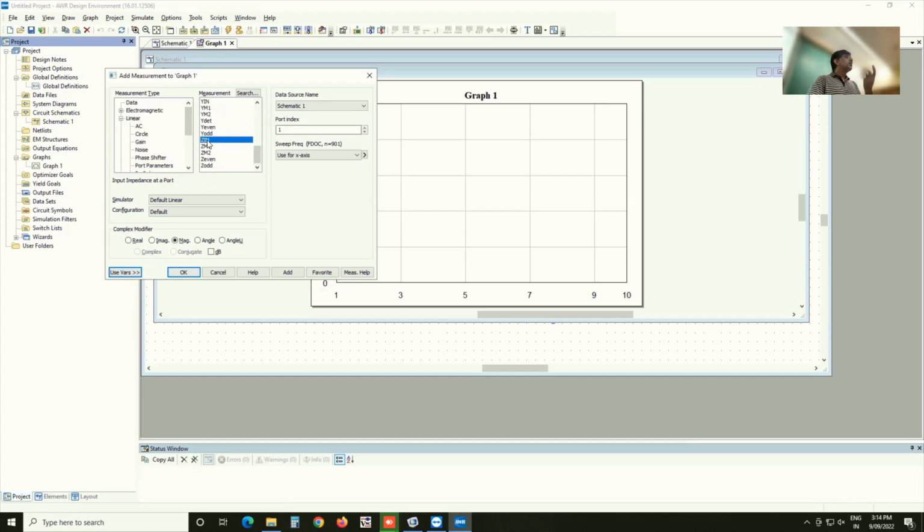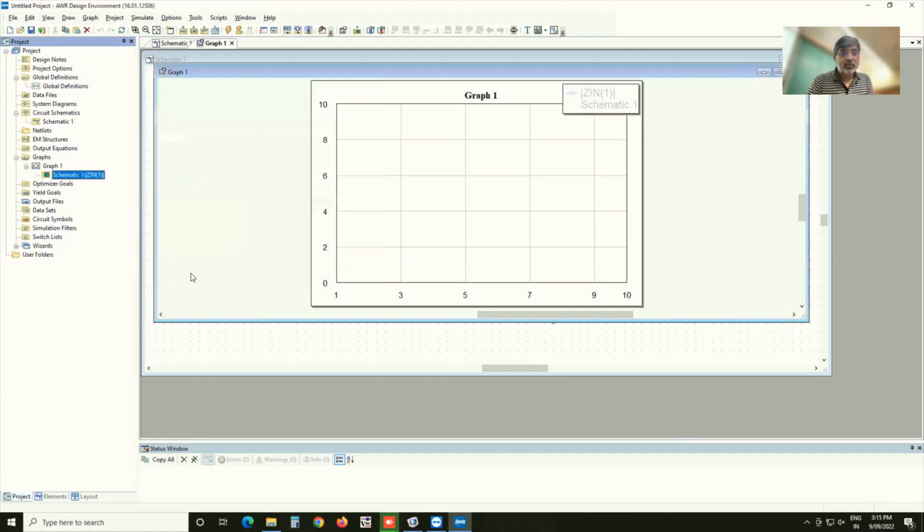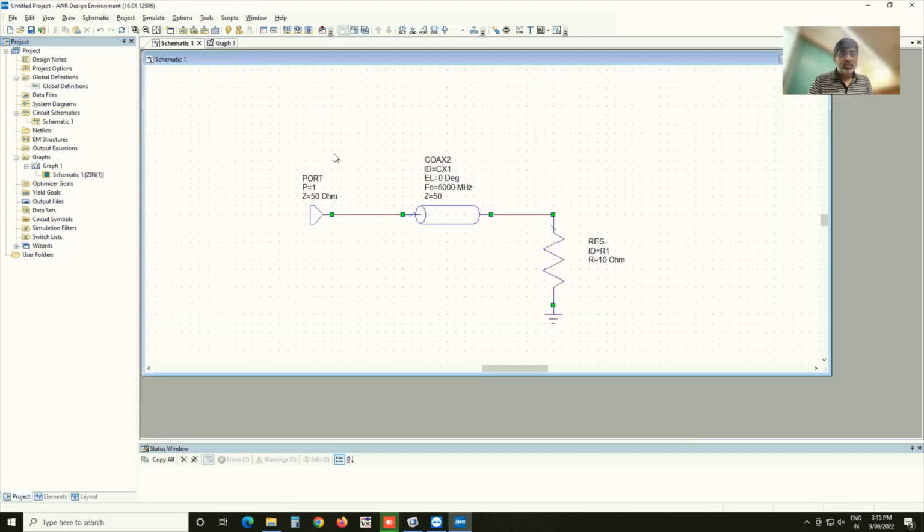Remember, we are trying to look at the impedance, but we can also look at the reflection coefficient at that point as well, because the two are connected to each other. And I'm going to plot for now the magnitude of this impedance. Okay, so I've defined it.